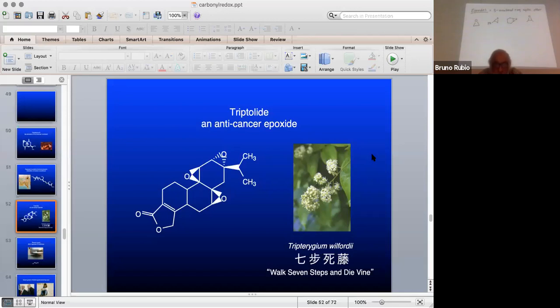Qi bu se tang. Translation: walk seven steps and die vine. Meaning, if you eat the leaf of this plant and walk off seven paces, you're going to drop down dead. But this compound has this epoxide moiety in it, and this is used as a chemotherapeutic agent.